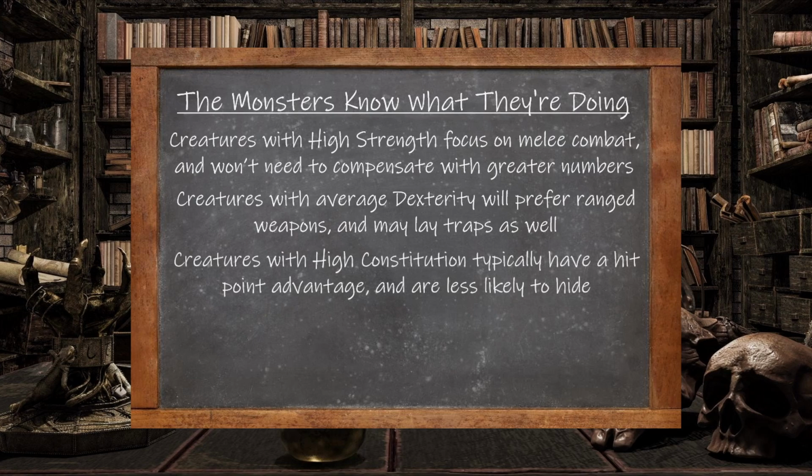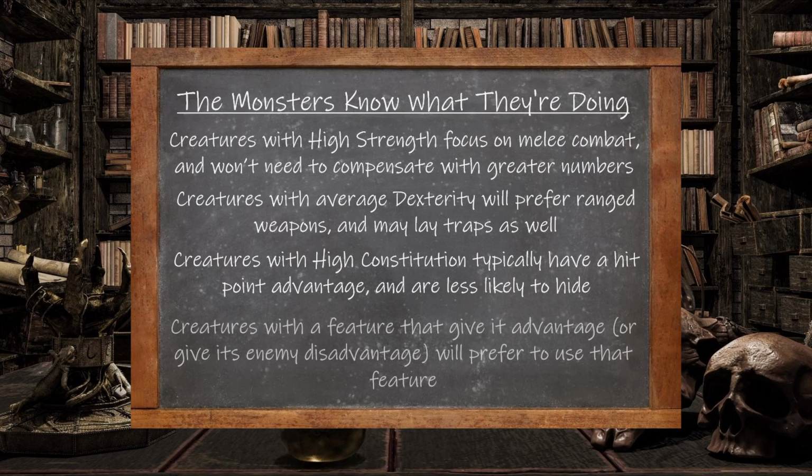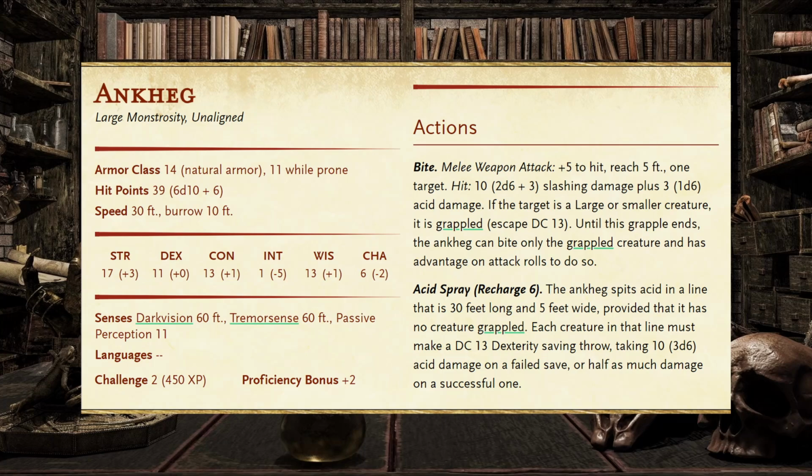Creatures with high constitution typically have a hit point advantage over their enemies, and because of that, they're less likely to hide in combat since they can soak up a couple attacks before going down. A creature with a feature that gives it advantage, or gives its enemy disadvantage, will always prefer to use that feature. To recap our earlier stat block examination, Ankhegs have high strength, average dexterity, and high constitution.